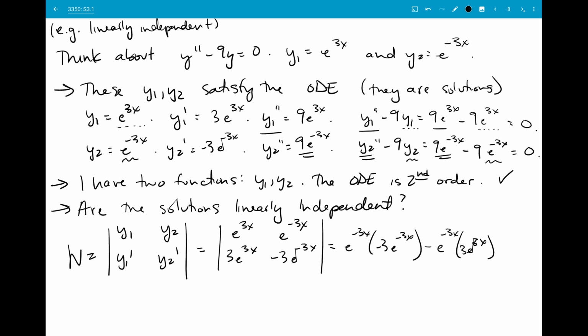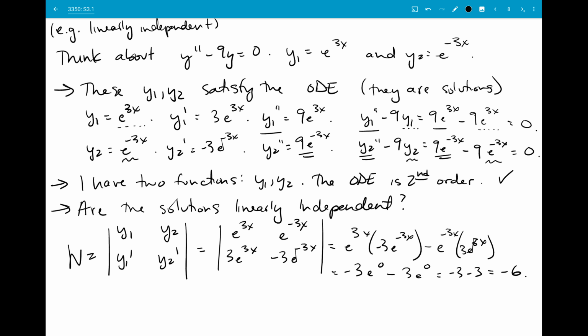And when I multiply e to the minus 3x, oops, this was e to the plus 3x, when I multiply e to the minus 3x by e to the 3x, those negative and positive exponents cancel out to just e to the 0. So I've got minus 3 e to the 0 minus 3 e to the 0. It's just minus 3 minus 3 is minus 6.